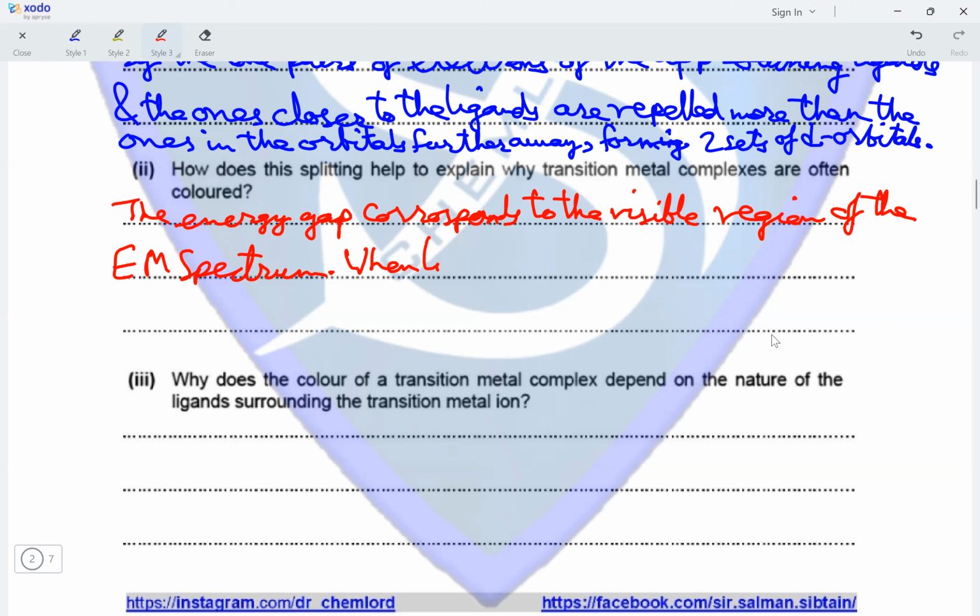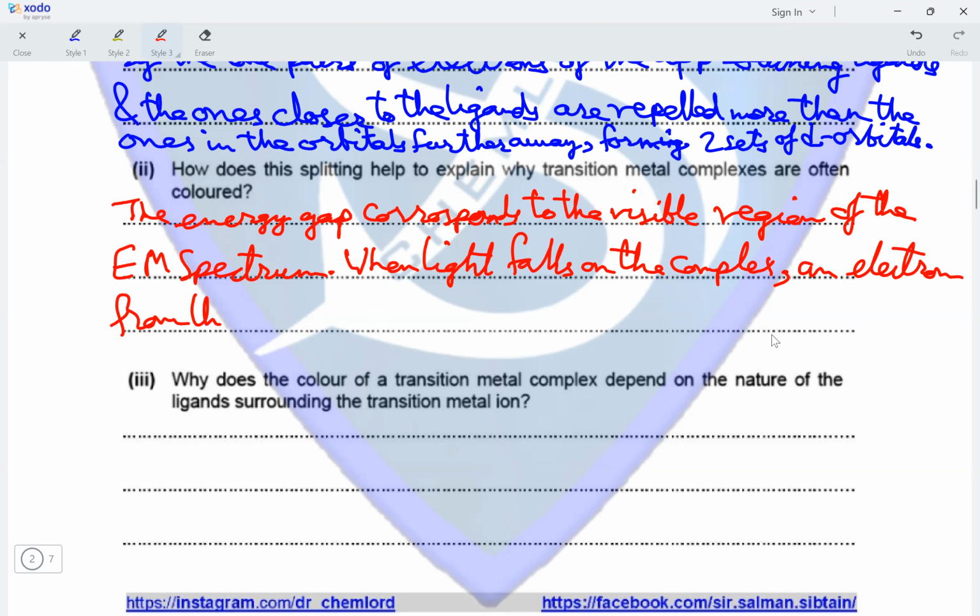When light falls on the complex, an electron from the lower set absorbs it and moves to the higher set.